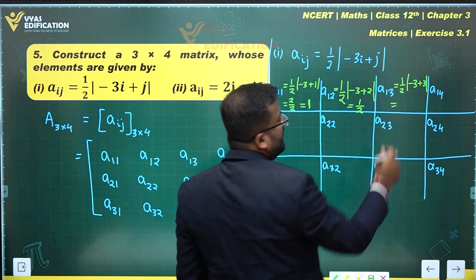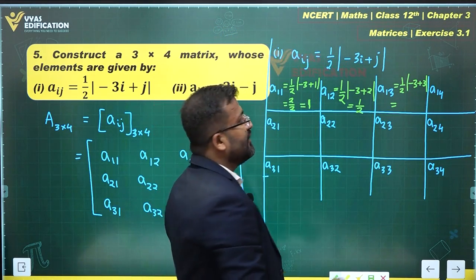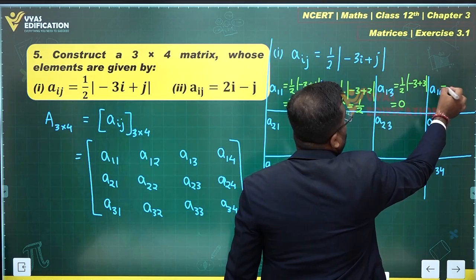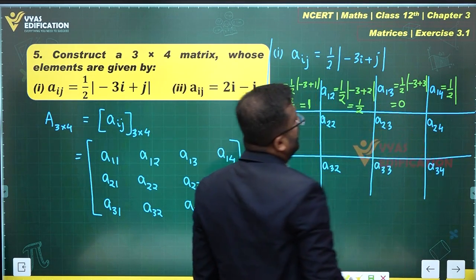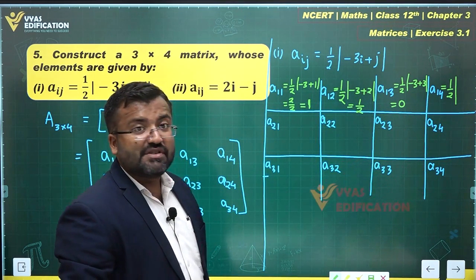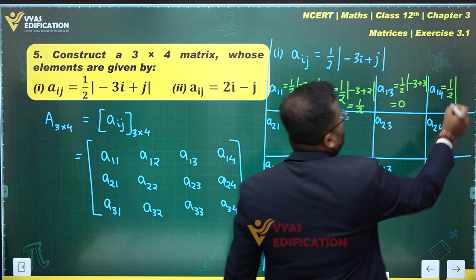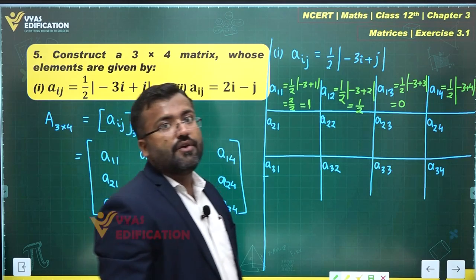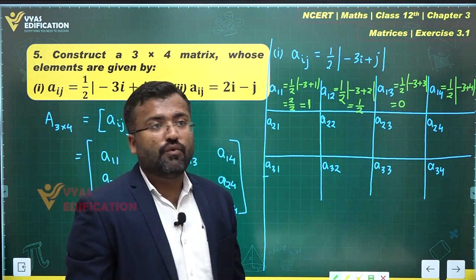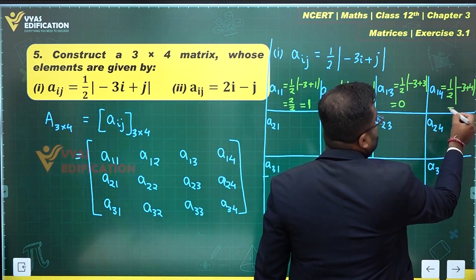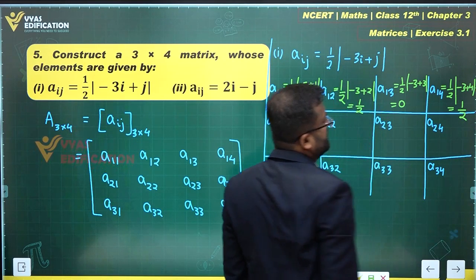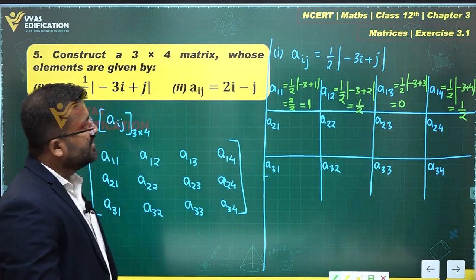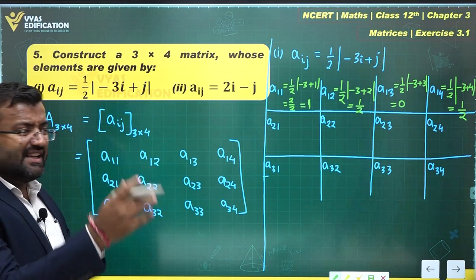And you may observe modulus minus 3 plus 3 is equal to 0, simply 0. What about this? This is half modulus of minus 3 times 1, plus 4 modulus. What is this equal to? Minus 3 plus 4 is equal to 1, 1 upon 2. This is equal to 1 over 2, as you may observe. So these are the values of elements present in the first row.